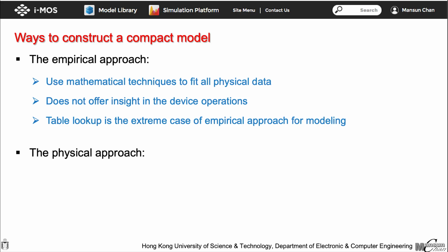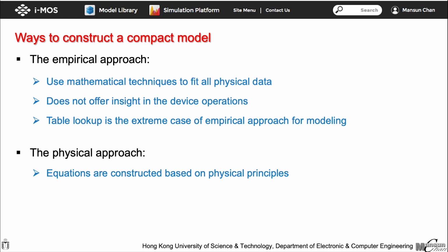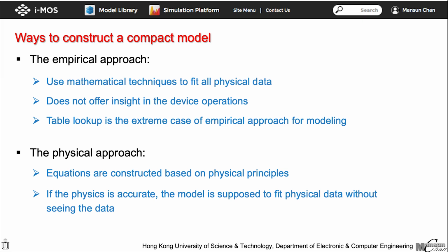Another approach to developing compact models is based on device physics, where the model equations are constructed using physical principles rather than solely relying on data. For example, we can calculate the channel charge based on factors such as gate oxide thickness, gate work function, and channel doping. If the underlying physics are accurate, we expect the model to align well with the physical data.